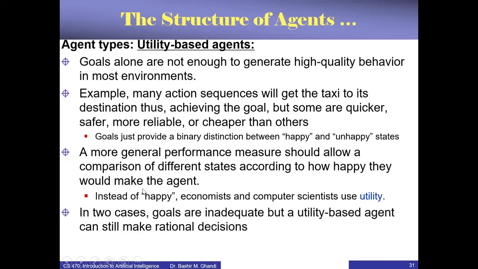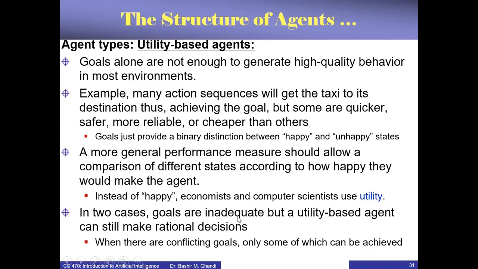We can note, for example, in two cases, goals are inadequate, but a utility-based agent can still make a rational decision. There are cases where goal-based agents will not know what to do, actually, but a utility-based agent can determine what to do even in those situations.